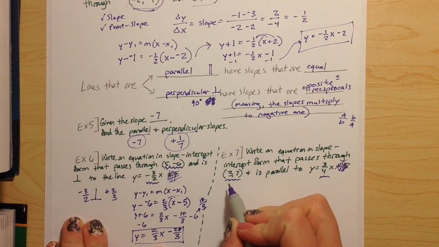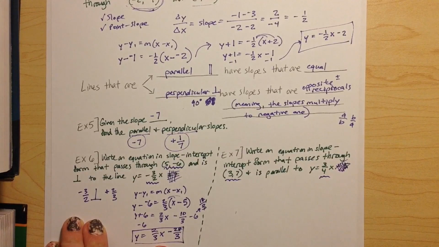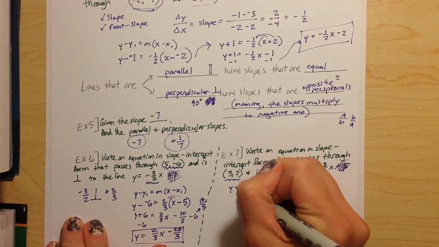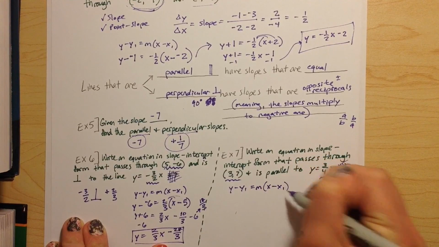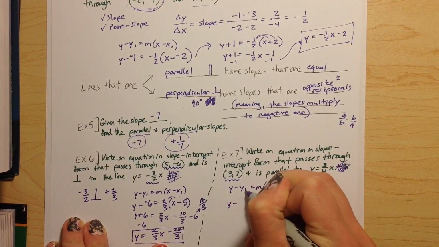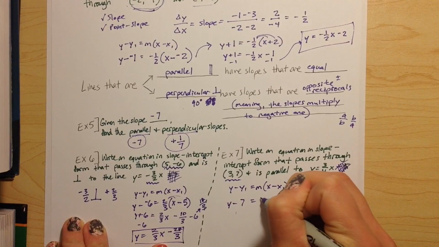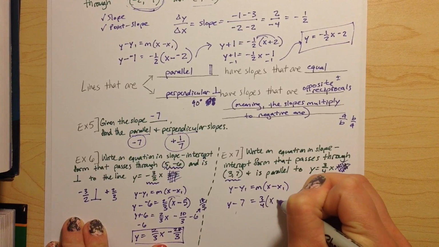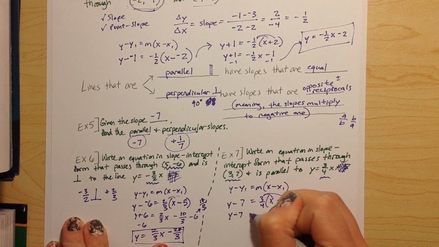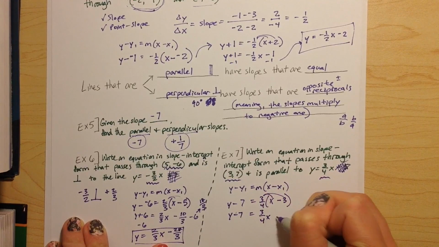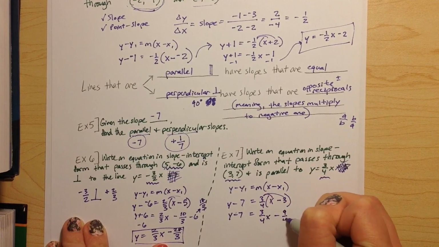So if it is this point and that slope, I'm going to use point slope form again. Y minus y1 equals m times x minus x1. I have y minus 7 equals 3/4 times x minus 3. I'm going to distribute here. I get y minus 7 equals 3/4 x minus 9/4.